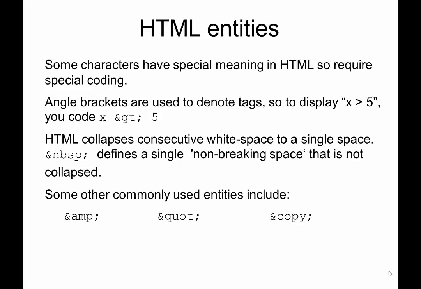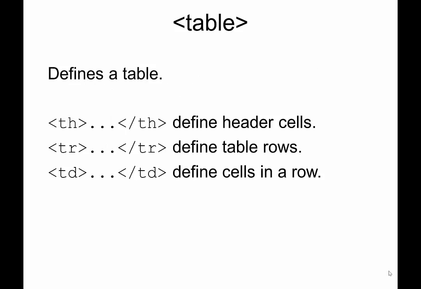I'm not sure whether they're single or double. And the last one? That's what it says, but what symbol would it produce? Copy. The copyright symbol, the C in the circle. Okay, so there are odd characters as well, things like that you might want. So have a look at that.